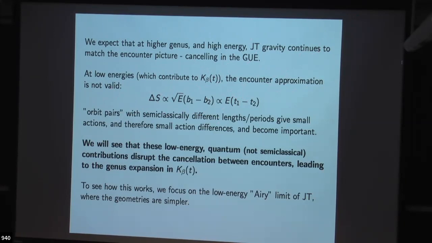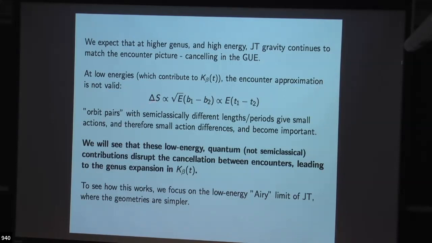So there, you don't have to just consider orbits that mostly follow each other, like encounters. Basically, any sort of pair might be able to contribute. So there, it looks like we might be out of trouble. But we saw just now in JT gravity that we had some control over this regime where the periods are very different, and it still looks something like encounters.